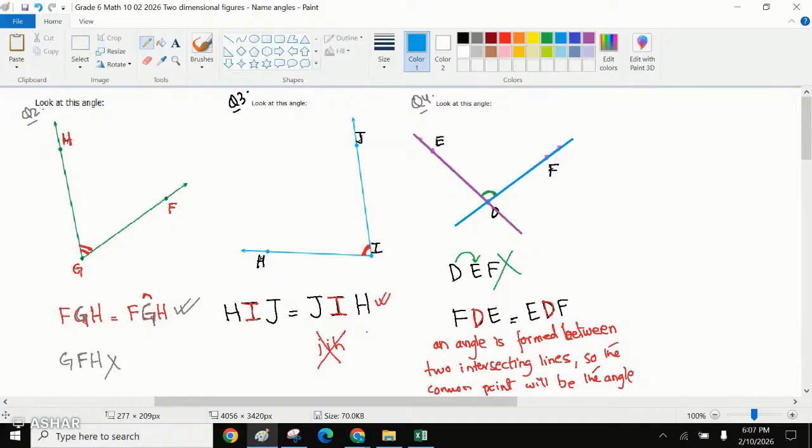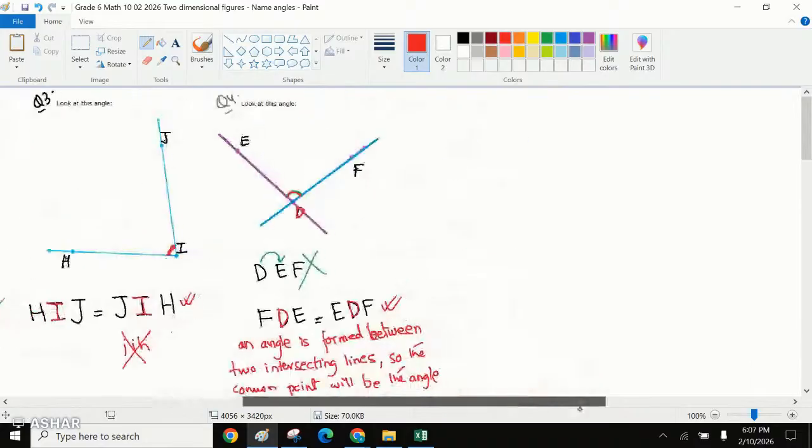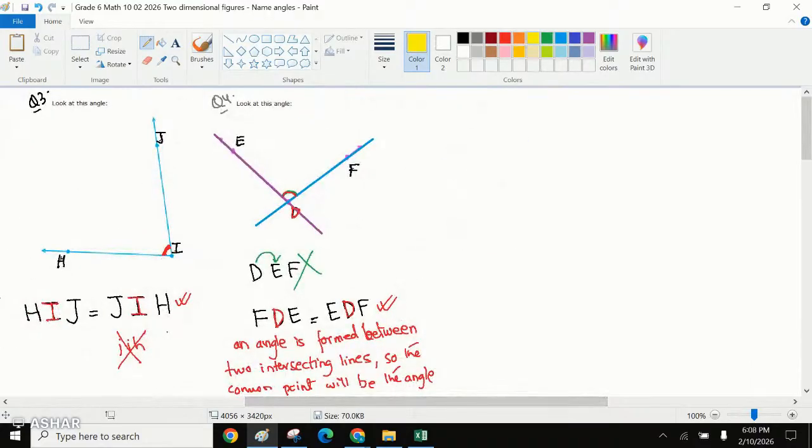The D has to be in the middle. Right. Thank you, Ashik. Thank you, Osman. See, what we can see is the common point was D, where the lines were intersecting. Therefore, D has to be in the middle. Agreed? Moving ahead to the next question.